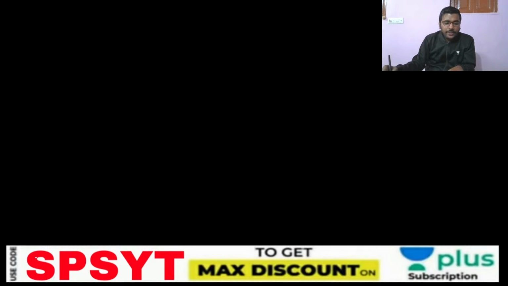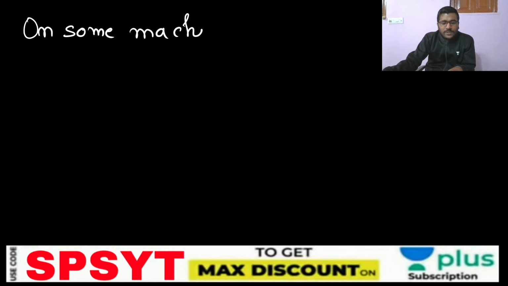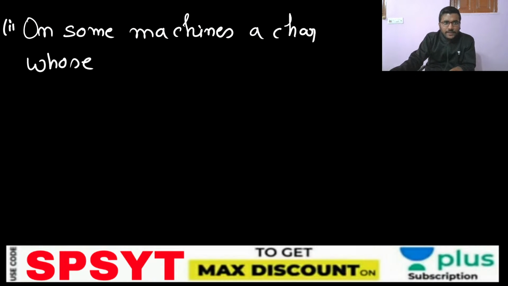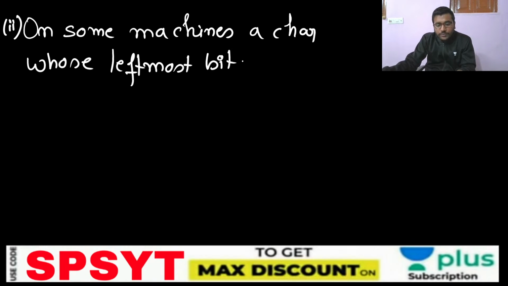So how does it happen? On some machines, a char whose leftmost bit is 1 will be converted into a negative integer.